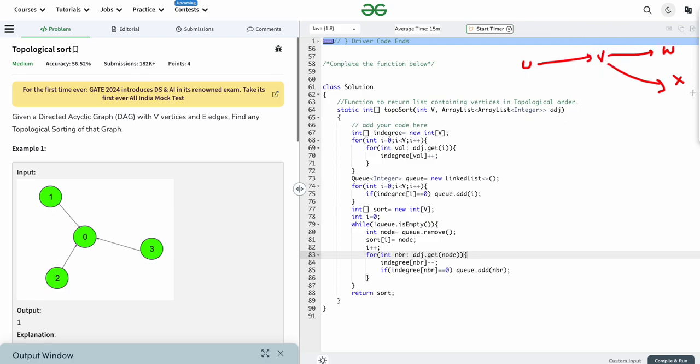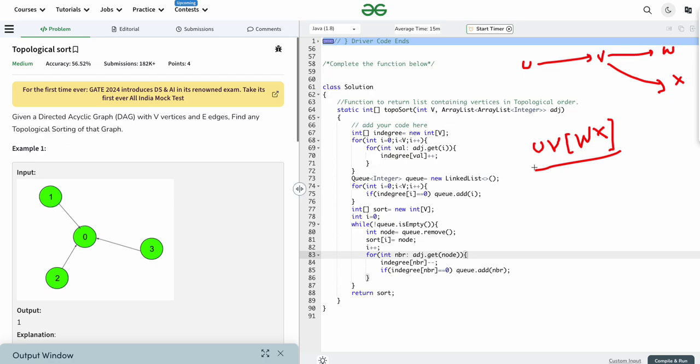If we want to visit x, we should go through v. So if someone asks what sequence you can expect, u will come first, then v, and then either w or x can come. Any of them can come along the side. That's what comes to our mind when we say topological sort, or sorting of a graph.